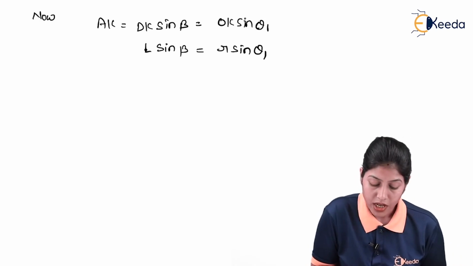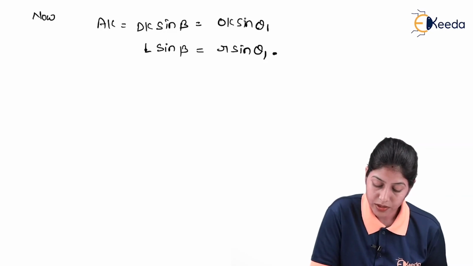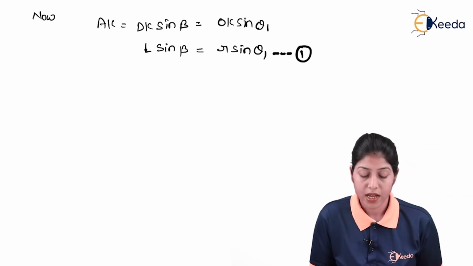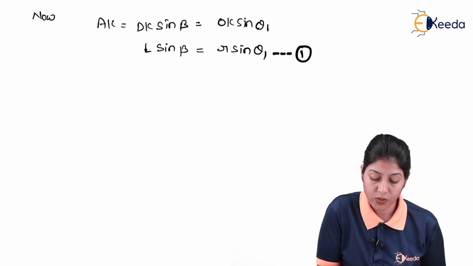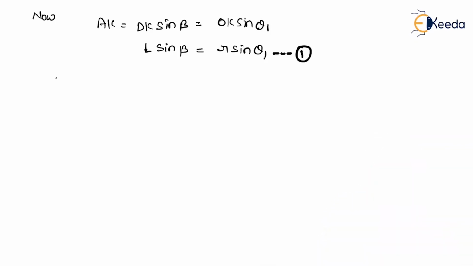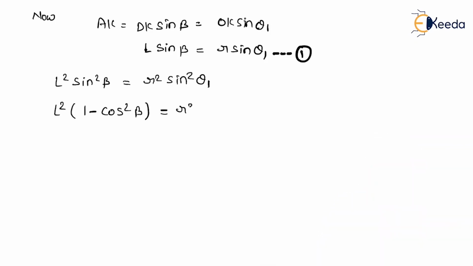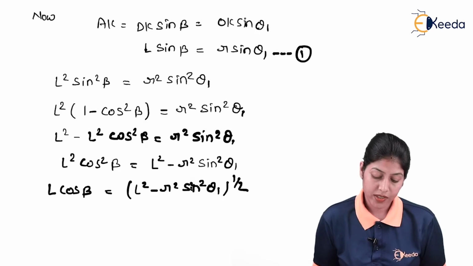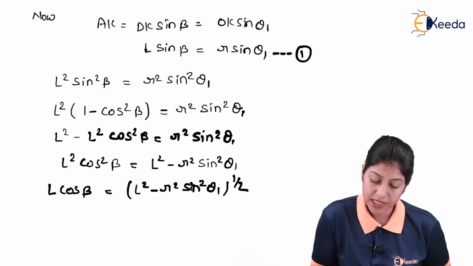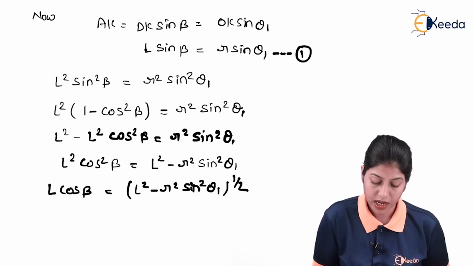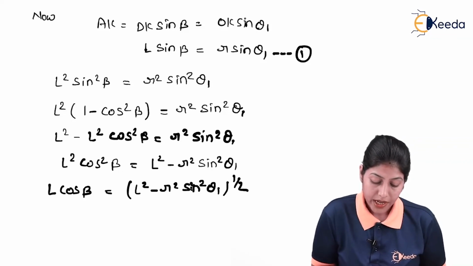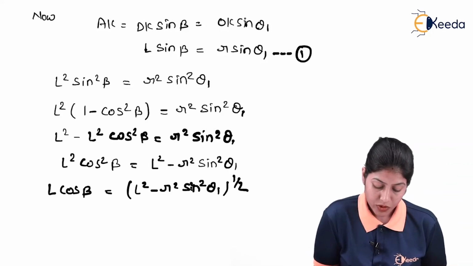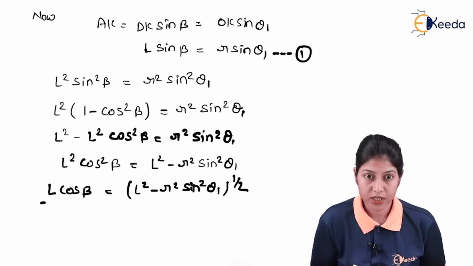Now here, if we consider this equation as equation 1, and if we square this equation on both the sides, so here is the simplification. If we have this equation L sine beta equals to R sine theta 1, and if we square this particular equation at both the side, and if we simplify this term, so we can define the value of L cos beta.